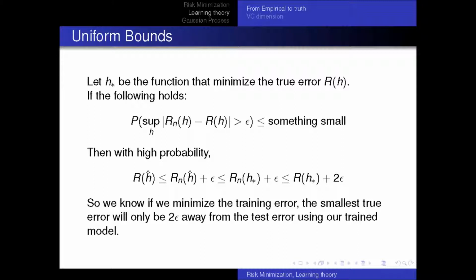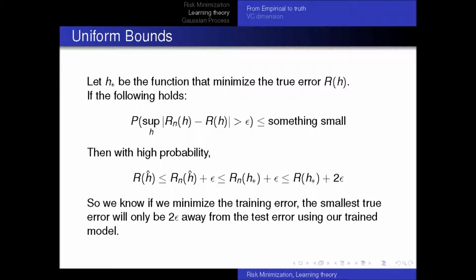And because this h hat minimizes the Rn(h) function, the empirical error, we know that it's going to be smaller than Rn(h star) plus epsilon, right? H star and h are in the same function family?